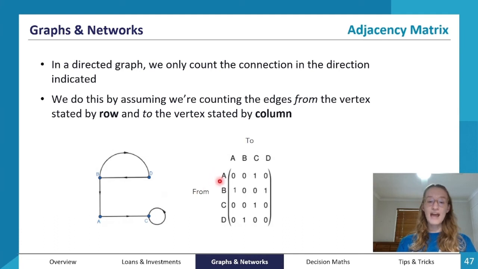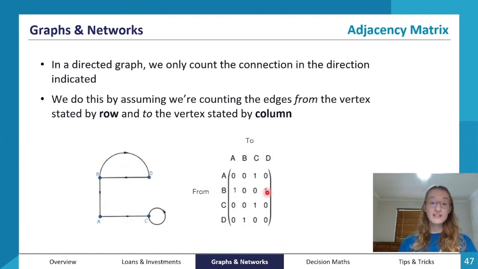So we can see that from A to C, we have 1 because there is that one edge connection from A to C. But if we have a look at from C to A, we can actually see that it's 0, and that's true because even though there is an edge there, it's a directed edge going in one direction, so it's only going from A to C. We can see, for example, that these multiple edges connecting B and D, one goes in each direction.